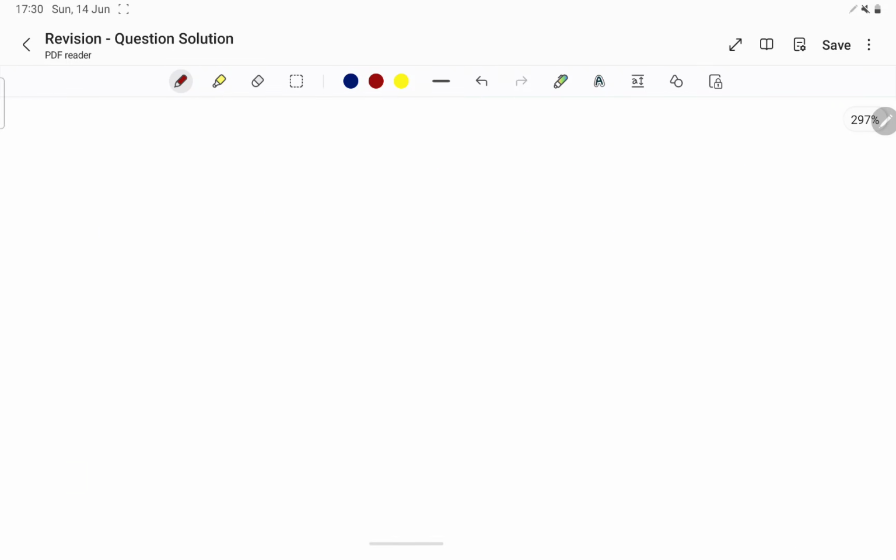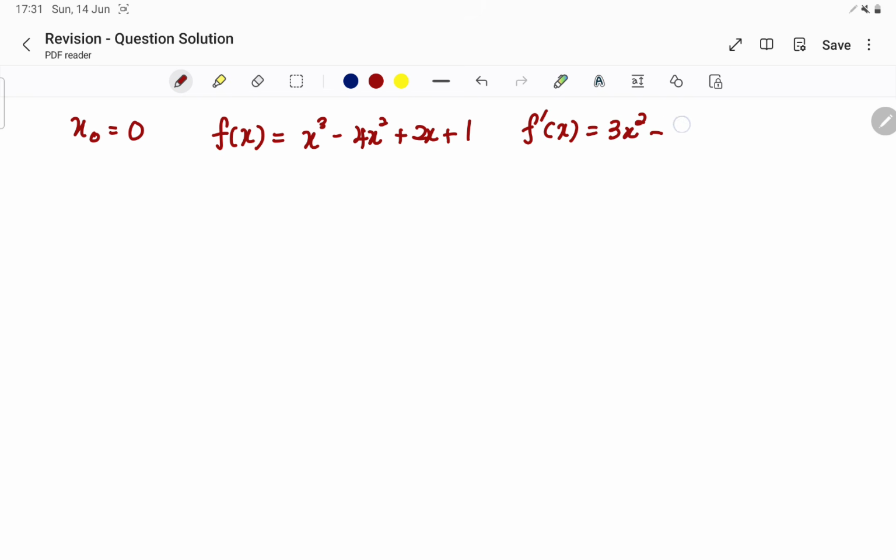Now we will list down first all of the values that we have. Our x0 is equal to 0. Our f(x) is equal to x to the power of 3 minus 4x squared plus 2x plus 1, and our f prime x is equal to 3x squared minus 8x plus 2.